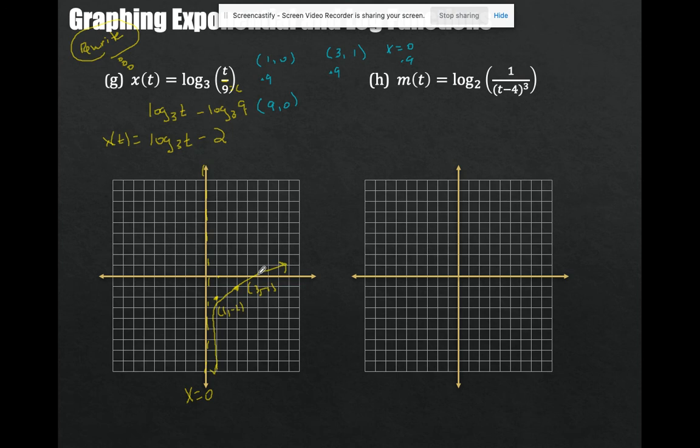Obviously not by my scale, but trust me, that point is on there. So is (27, 1) on there. And then my vertical asymptote doesn't change because 0 times 9 is still 0. Right? I could have done that just fine. But look at this one.